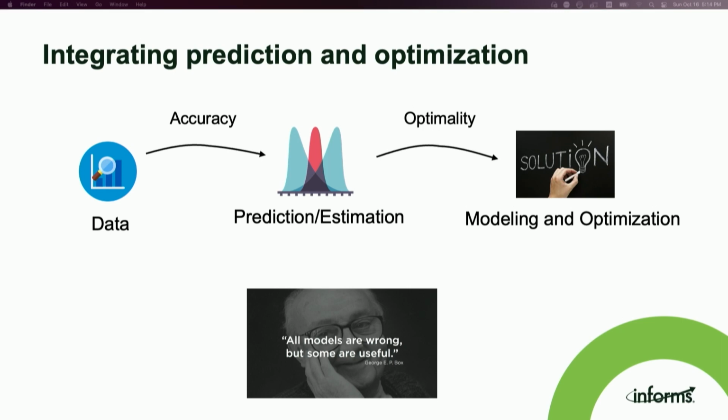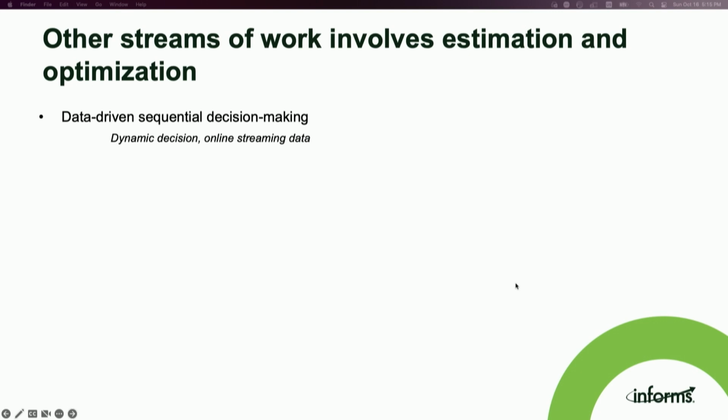But it still can be useful to obtain certain decisions, and we want to investigate in this tutorial whether and how we can make models more useful if we align the targets within these two steps.